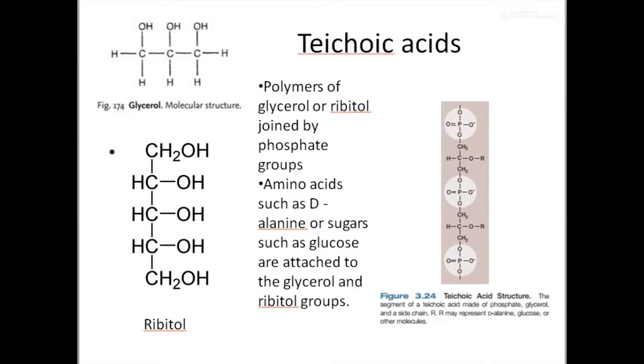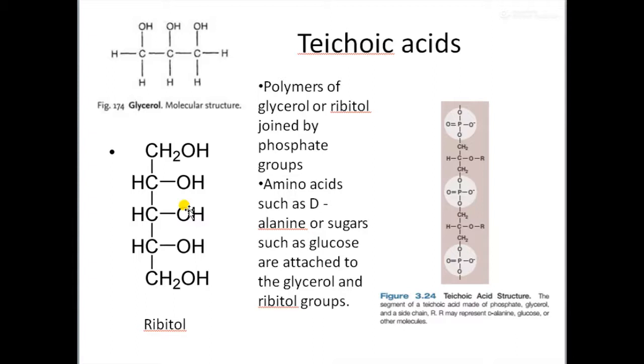Teichoic acid is a polymer of glycerol or ribitol joined by phosphate groups. See, this is glycerol, the one which we use in tears and all that, glycerol, and this is ribitol. It is a 5 carbon compound with OH groups. So a polymer of glycerol or ribitol, along with some phosphate groups, will contribute towards the formation of teichoic acids.